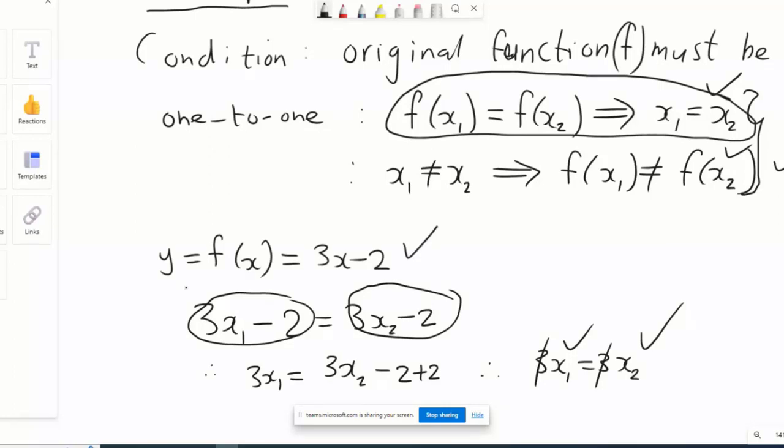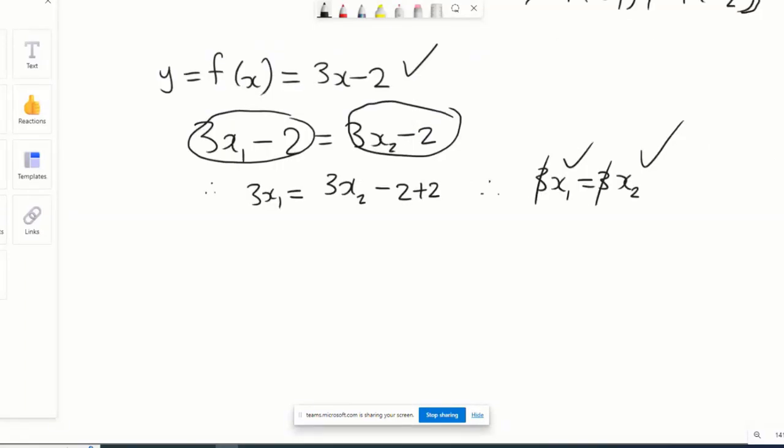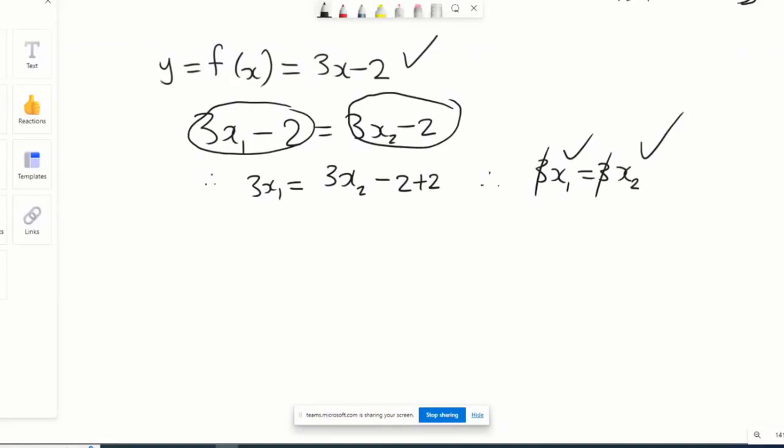In fact, if you draw this function, you draw that line. Let's try and draw that line quickly here, guys. You will see the one-to-one nature in the Cartesian plane. There's my Cartesian plane, my y-axis and my x-axis.